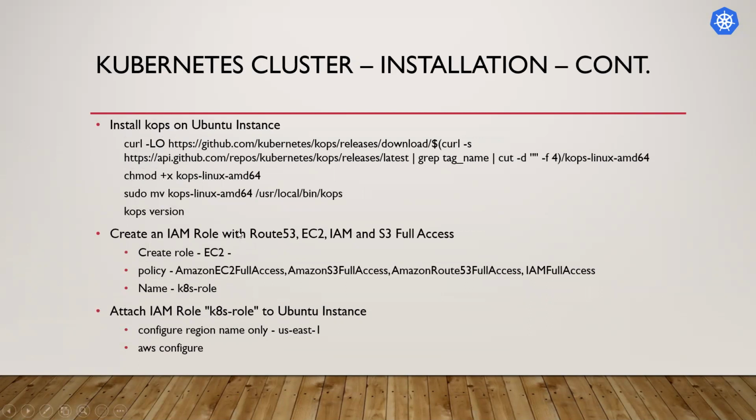After doing this, we need to create certain roles, and we need to attach those roles to the Ubuntu system which will be used for creating the Kubernetes cluster. This is just a separate machine which we'll use for creating the Kubernetes cluster.